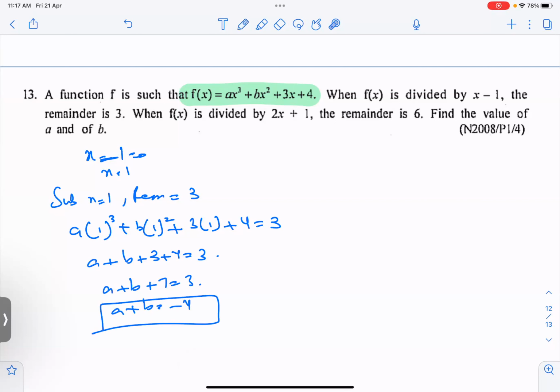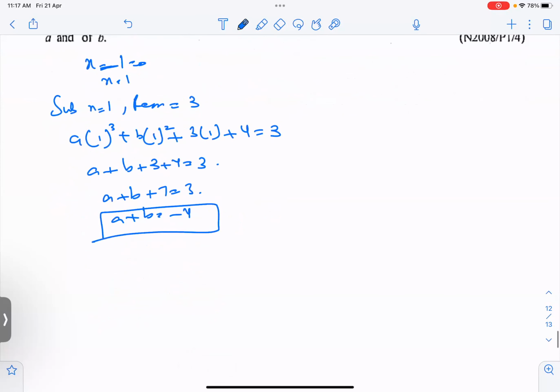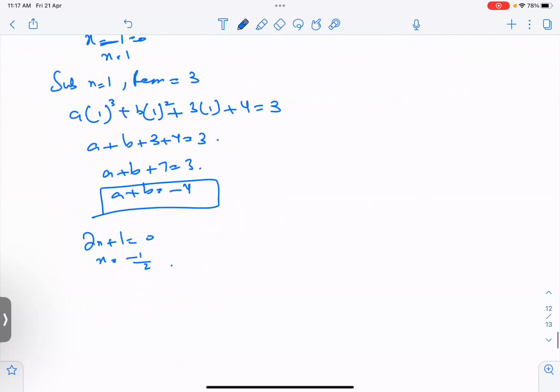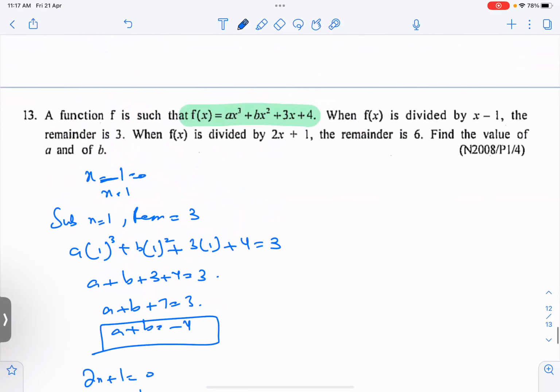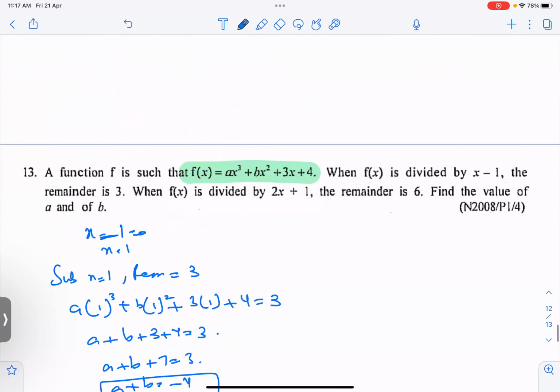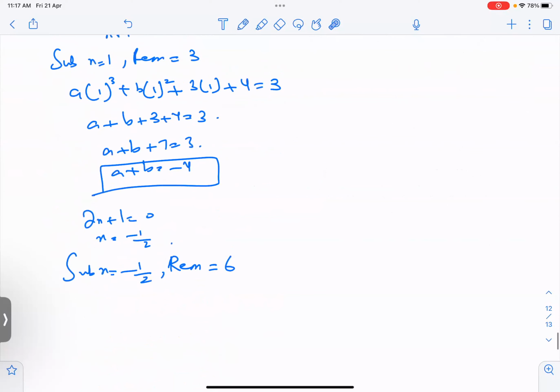Then they are saying when f of x is divided by 2x plus 1, the remainder is 6. 2x plus 1 equals 0, so x equals minus half. Substituting x equals minus half, remainder equals 6. Once again, we're going to plug in the value of x and make the remainder equal to 6.